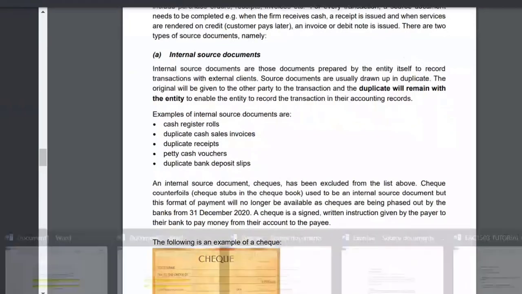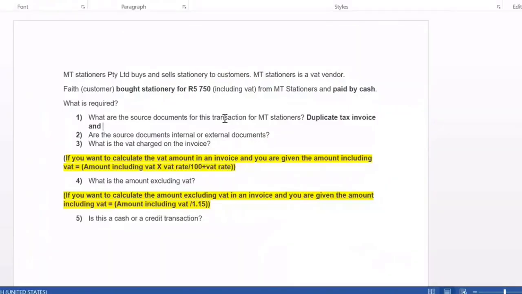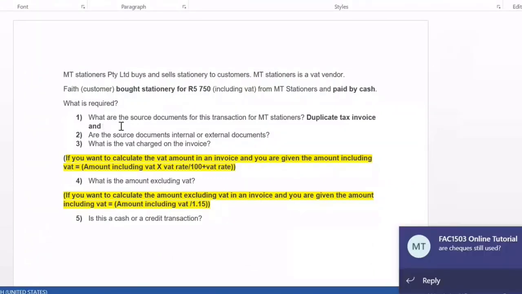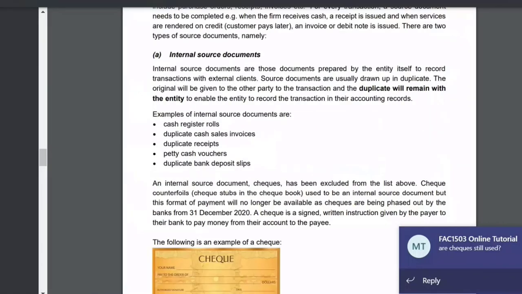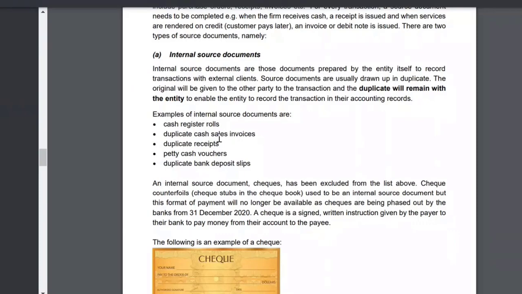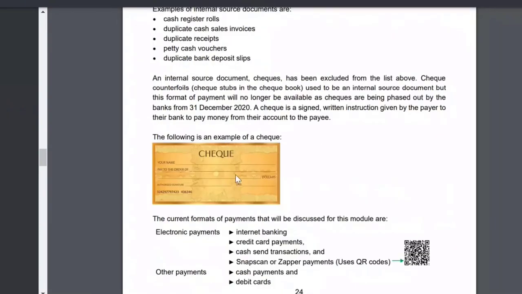So I just want to go back to this exercise here. The question is, what are checks used for? I don't think checks are even being used presently. Checks are a source document that was used to make payment.